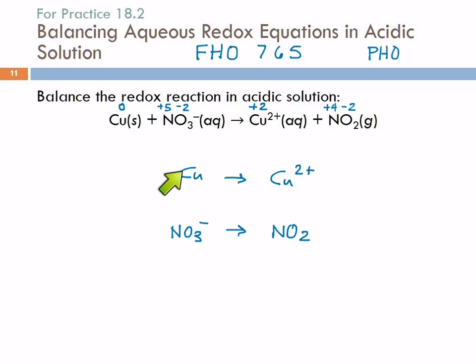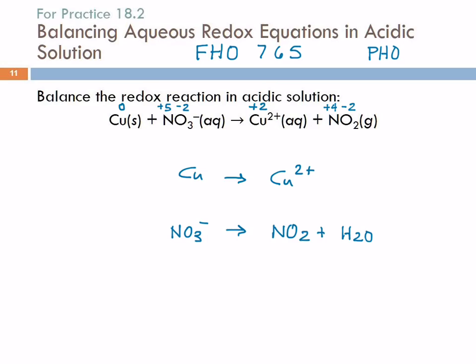The first one's already balanced with respect to mass. The second one is not. So the nitrogens are okay, but we have 3 oxygens on one side and only 2 on the other. How do we balance oxygen? We add water. So if I add H2O to this side, now I've got my 3 oxygens on each side.